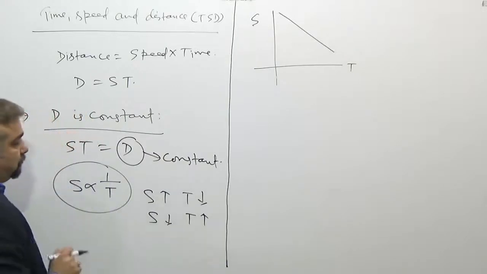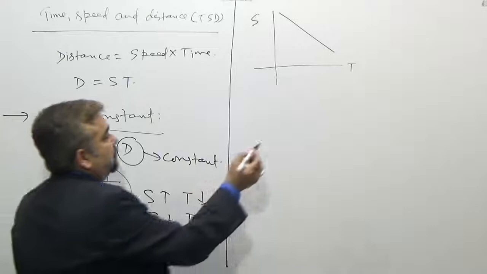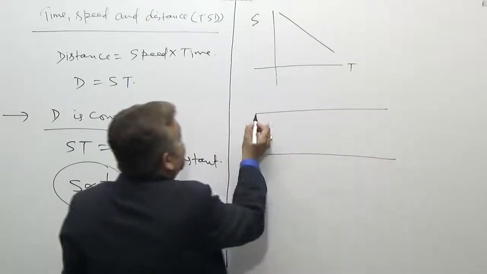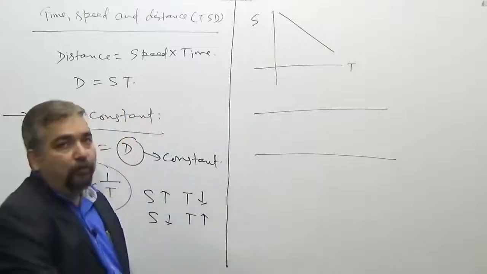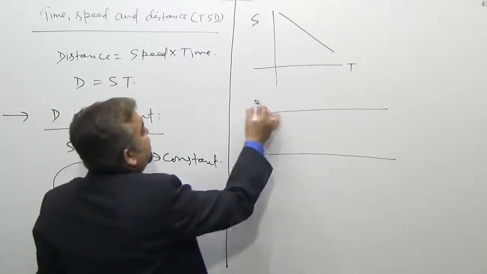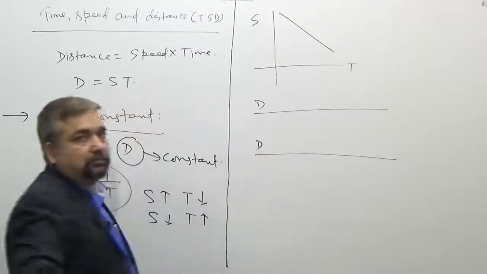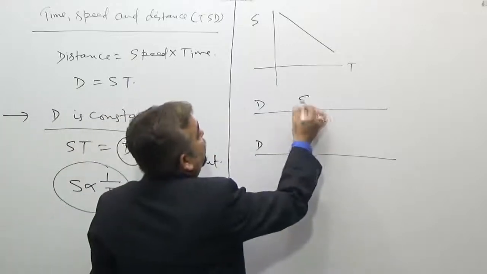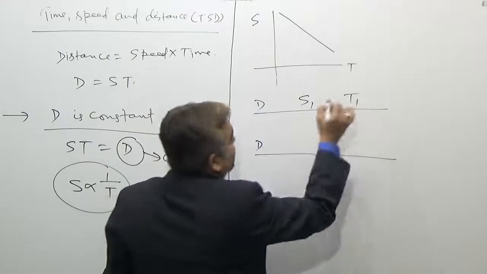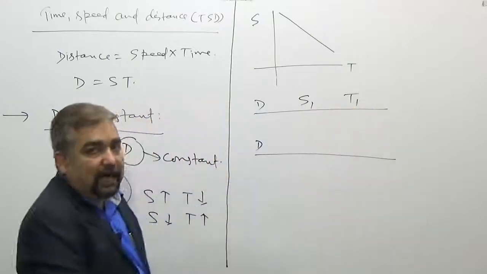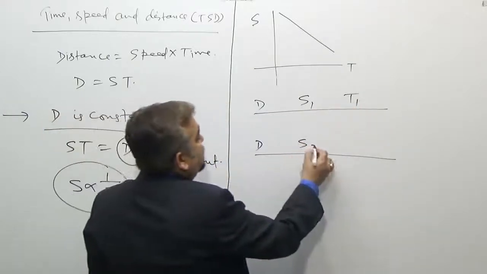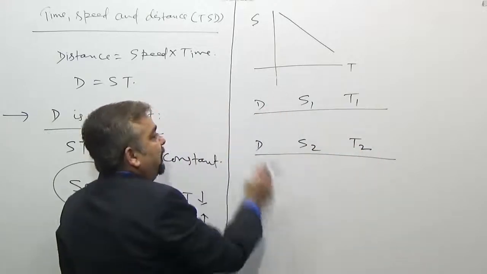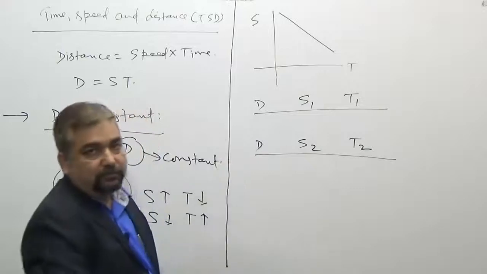Now, the ratio. Suppose two cars are traveling the same distance. The first car with a speed s1 in time t1. The second car with a speed s2 in time t2. The two cars have traveled the same distance.